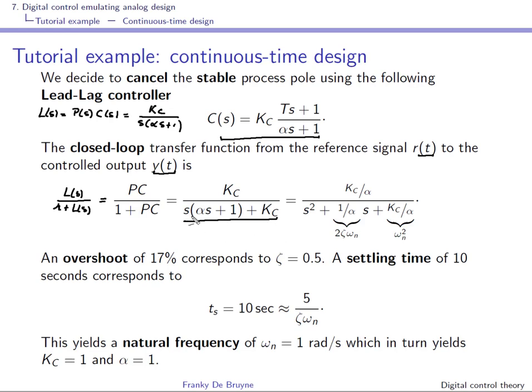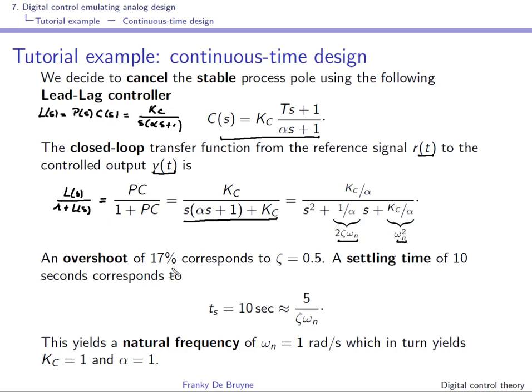You can rewrite it as a second order system with complex conjugate poles. So 1/alpha is 2 zeta omega_n, and Kc/alpha is omega_n, the natural frequency, squared.